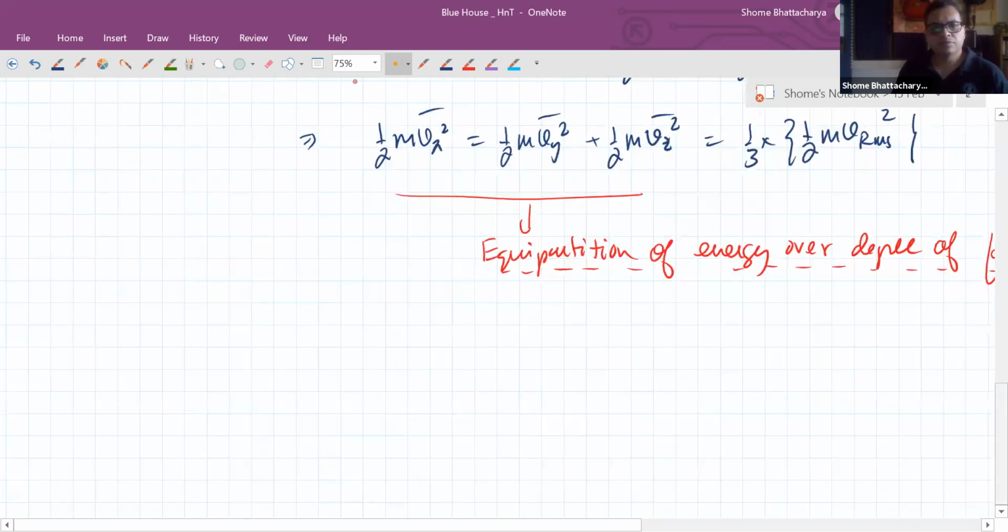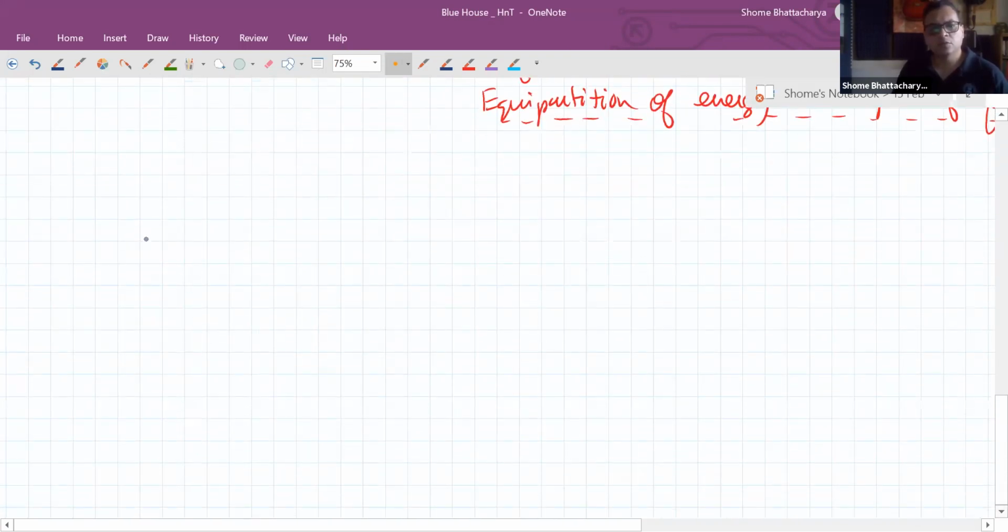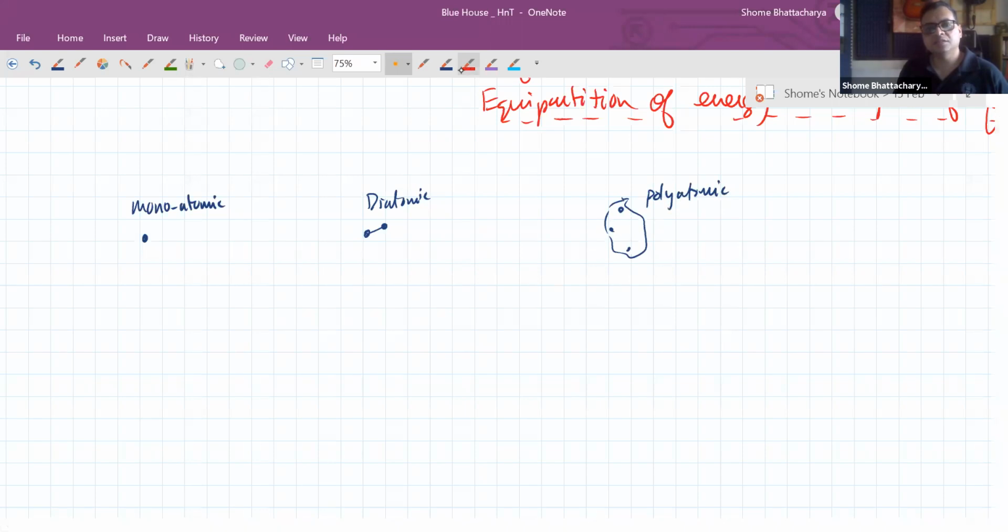Whether you have a monoatomic molecule, or you have a diatomic molecule which basically looks like a dumbbell, or you can have any kind of shape, or a polyatomic molecule. What is meant by translation?